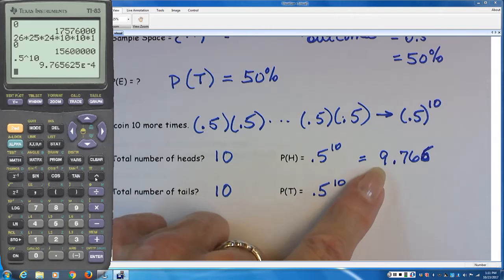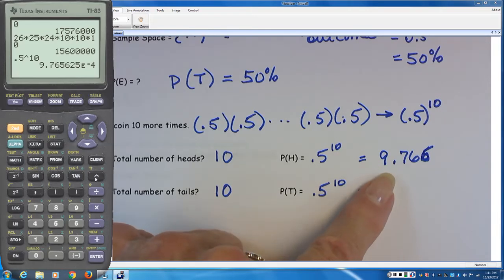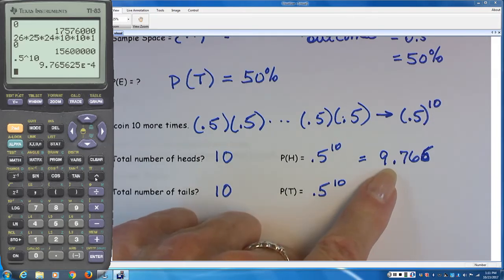You know probability can't be 9 point something, because the highest probability is if something's absolutely guaranteed. So what is the probability of something that absolutely has to happen? 100% or 1. Well, you know then you can't have something that's 976% of the time is going to happen. That doesn't make any sense.